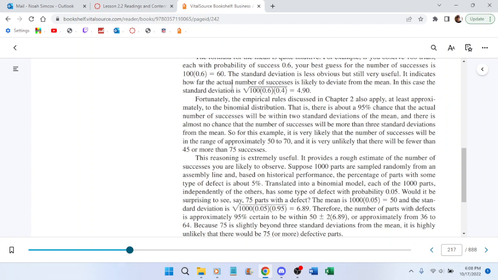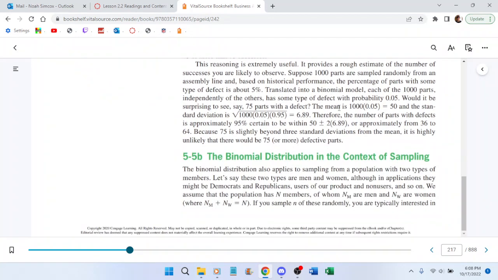Standard deviation is 6.89. Therefore, it's approximately 95% certain to be within 50 plus or minus 2 times the standard deviation, or approximately from 36 to 64. So it's slightly beyond 3 standard deviations. It is highly unlikely that there will be 75 or more defective parts.